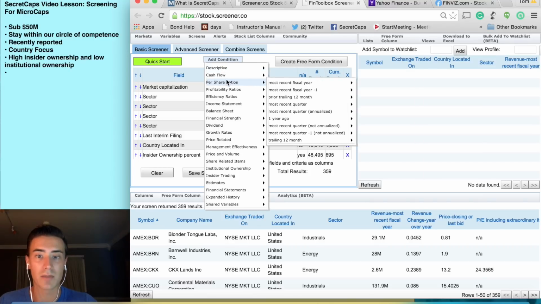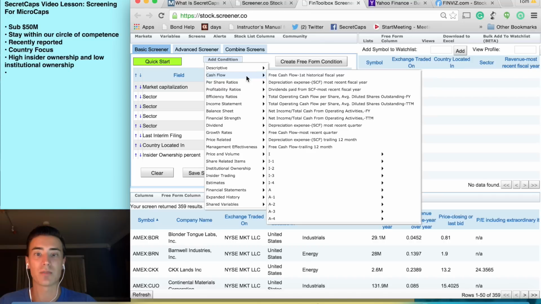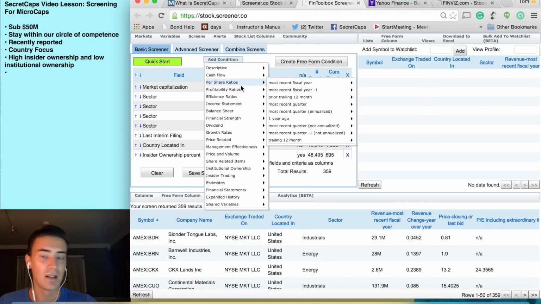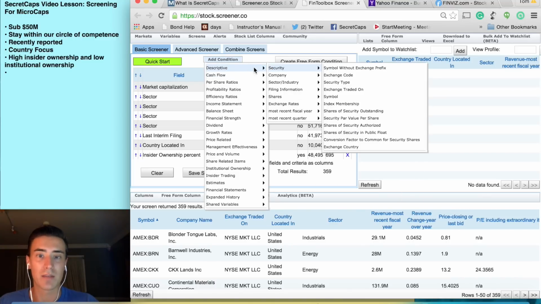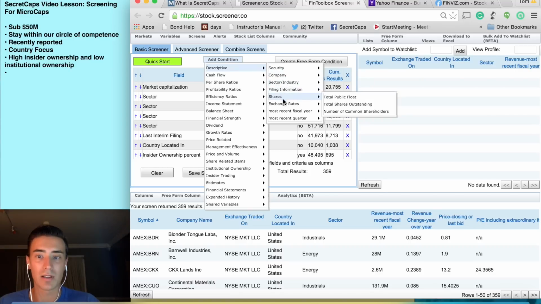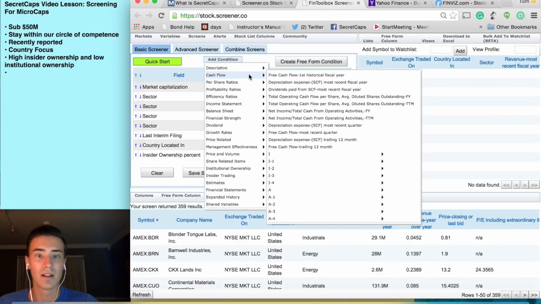Share structure does matter with the microcap company. You don't want 8 tiers, with 800 million shares outstanding, and it could get murky. If you have a $10 million microcap with over a billion shares outstanding, you're going to be playing in pennies at that point. Not looking to do that specifically. So there are ways to weed that out.